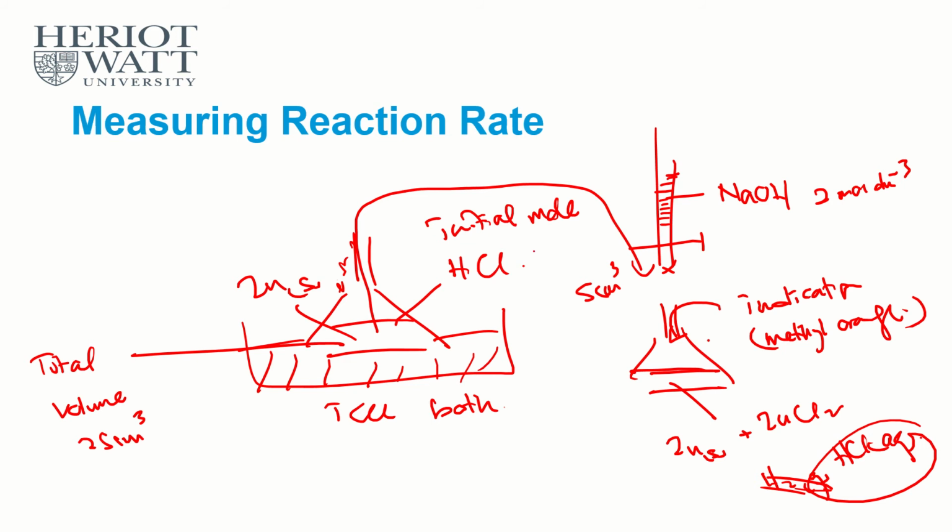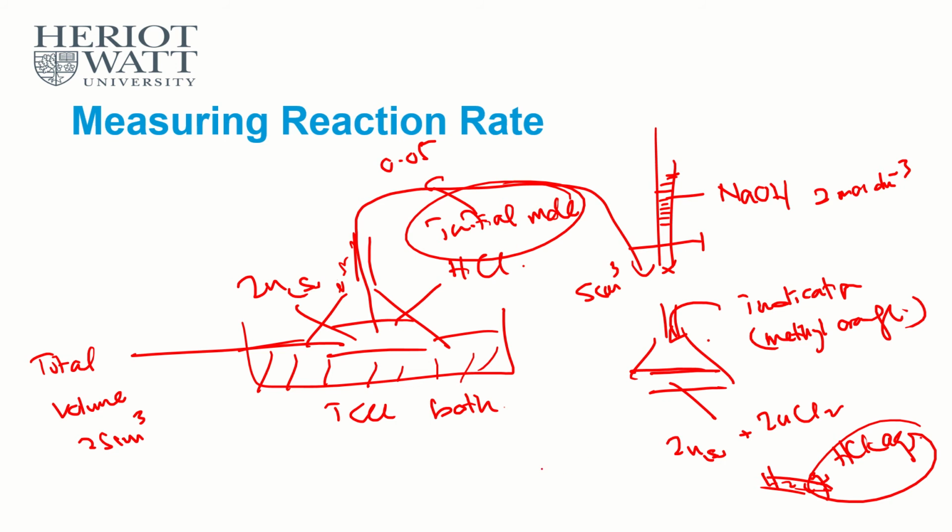You got that? Just now, before the reaction started, we know the initial moles. Let's say the initial mole is 25 times 2 over 1000, right? So we get 0.05. So initial mole here is 0.05. So from this titration, we can do a calculation, and then we found the mole.